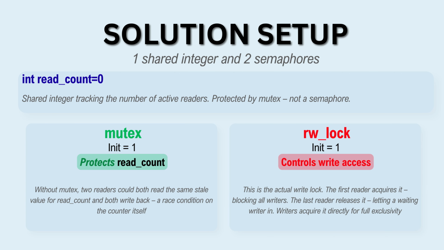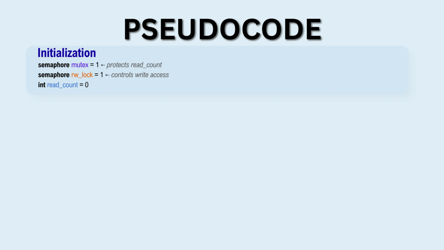Read-write lock, initialized to 1. This is the actual write lock. The first reader to arrive acquires it, blocking all the writers from entering. The last reader to leave releases it, letting a waiting writer in. Writers acquire it directly for full exclusivity. Let's look at the full pseudocode.